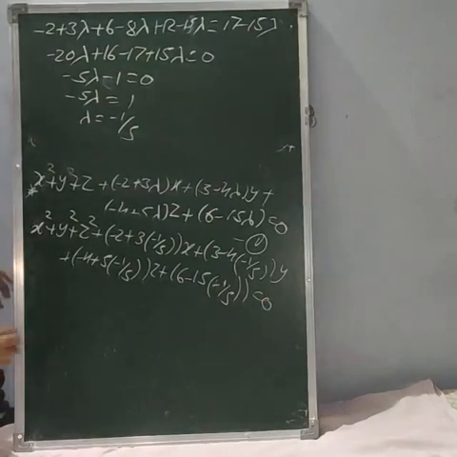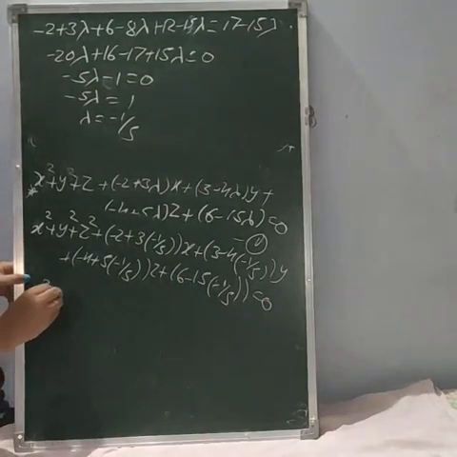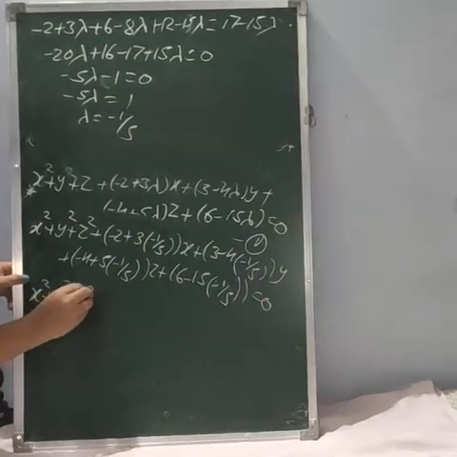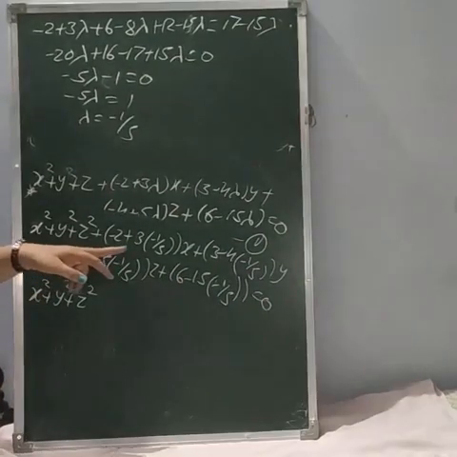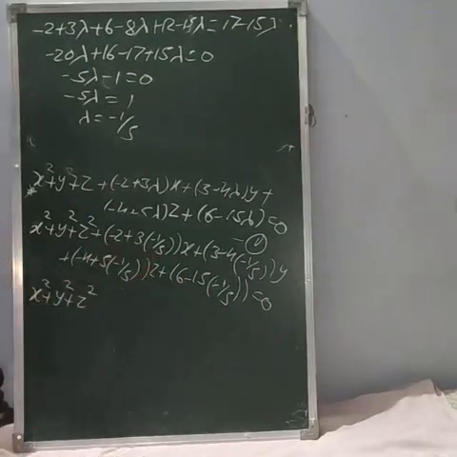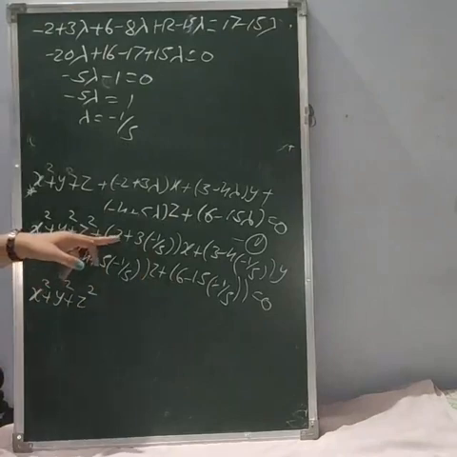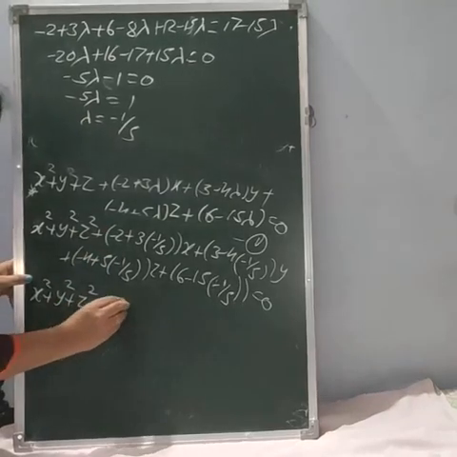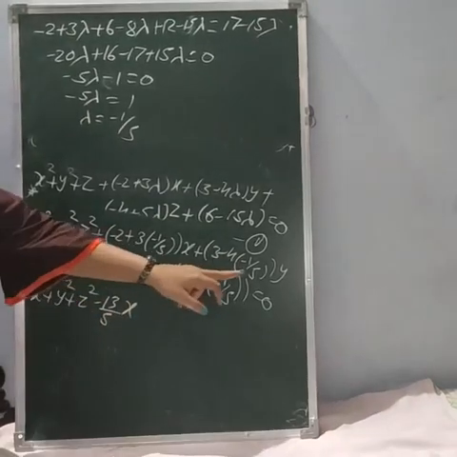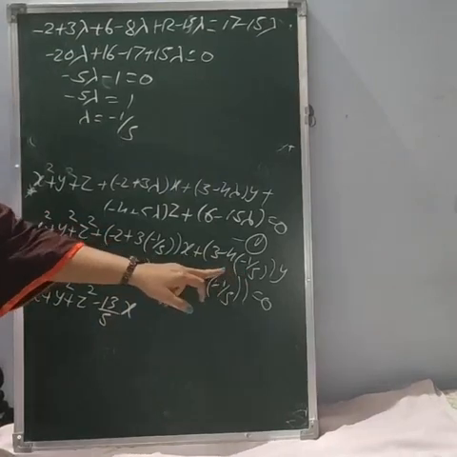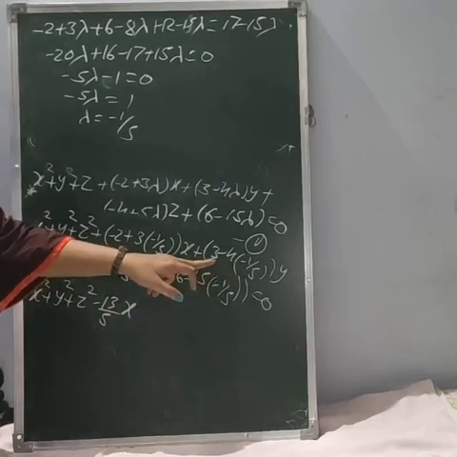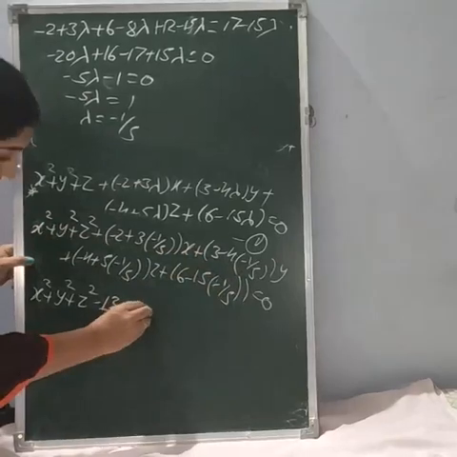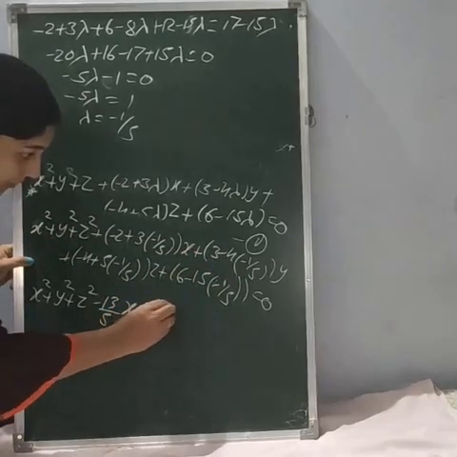Solve this. What will you get? x square plus y square plus z square. Next, here 3, here we are having 5, so minus 3 by 5 minus 2, LCM is 5, you will get minus 13 by 5 x. Next, minus into minus you will get plus, so again LCM is 5, 15 plus 4 you will get 19, so plus 19 by 5 y.